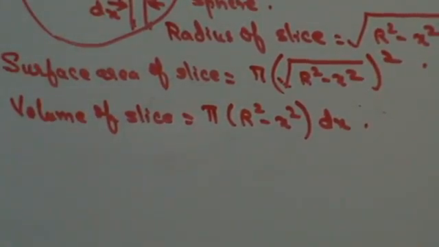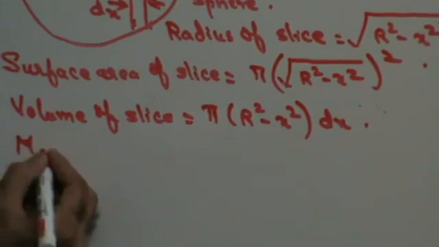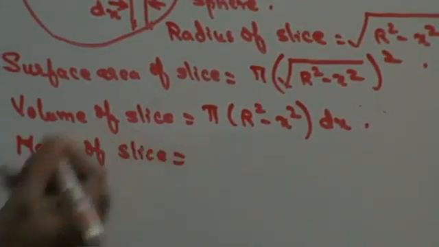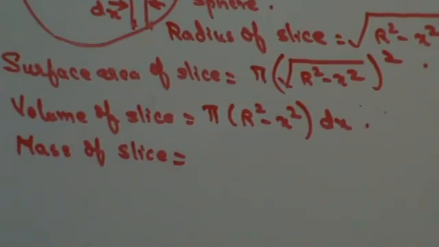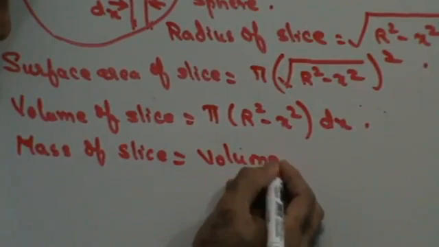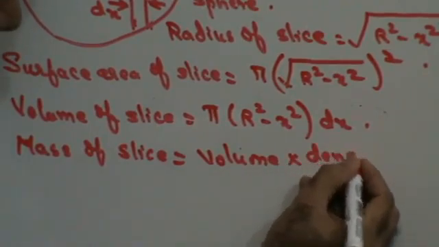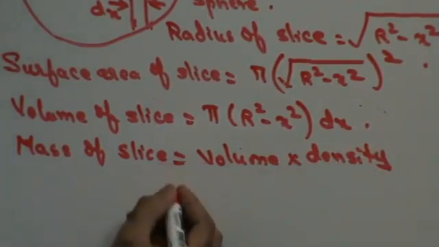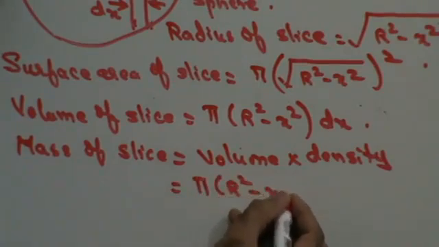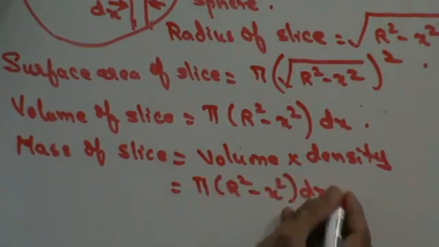In that case, what will be the mass of the slice? Mass of the slice is nothing but volume into density. Volume you just found out is pi times r square minus x square into dx.